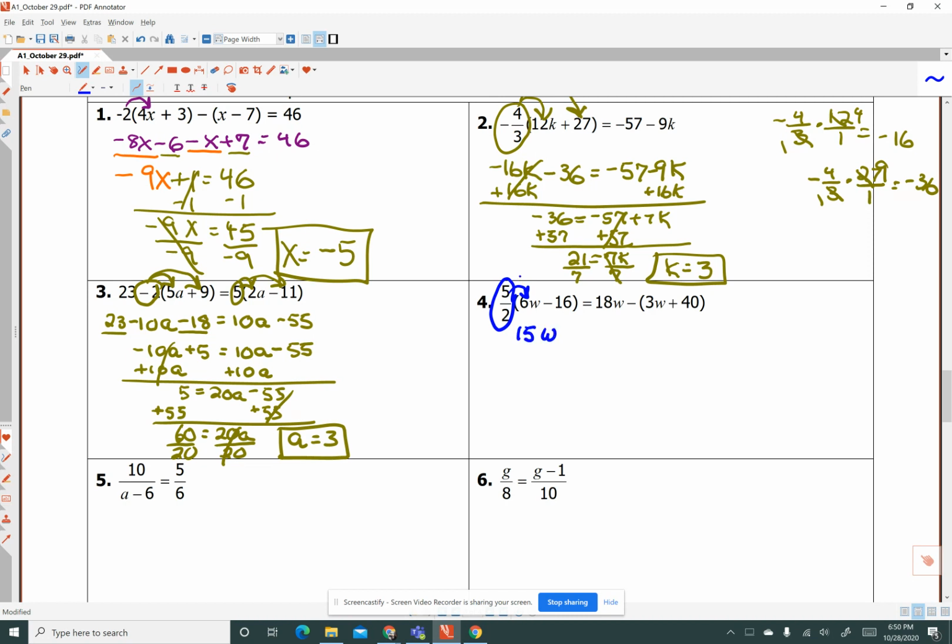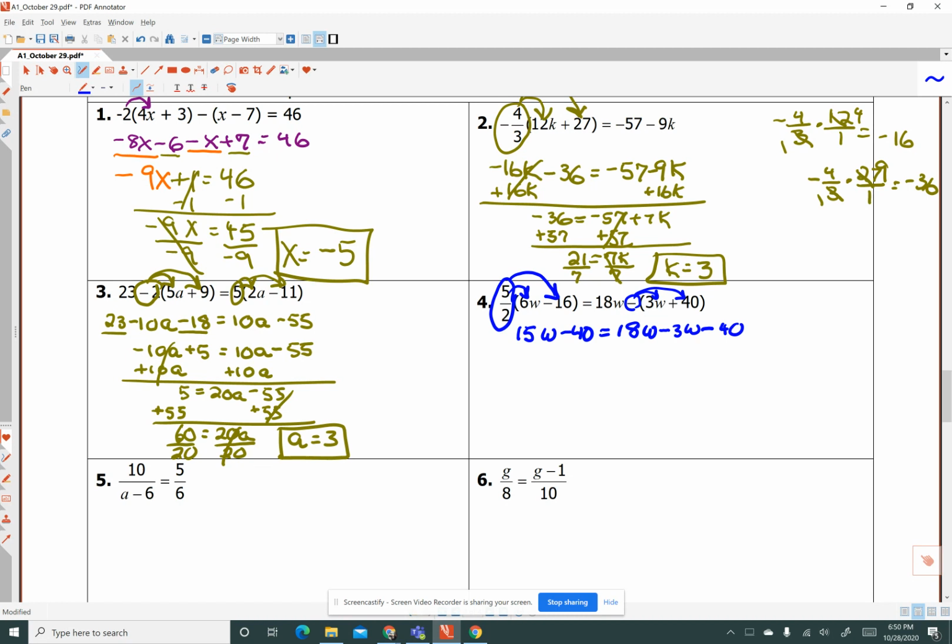If we multiply positive 5 over 2 times negative 16, we will have negative 40 equals 18w. And then this, when we distribute, simply changes the sign of everything in there. So negative 3w minus 40.